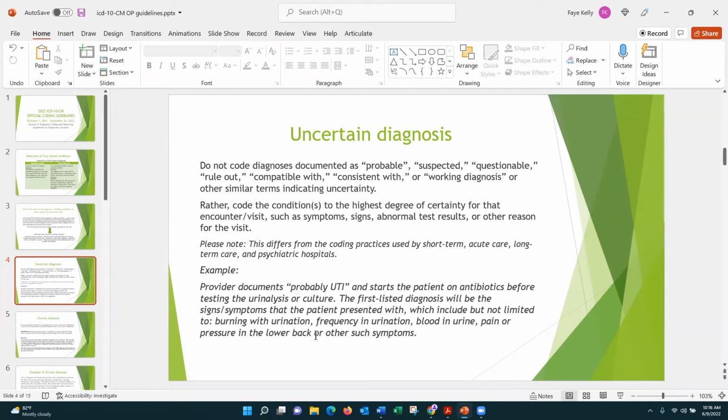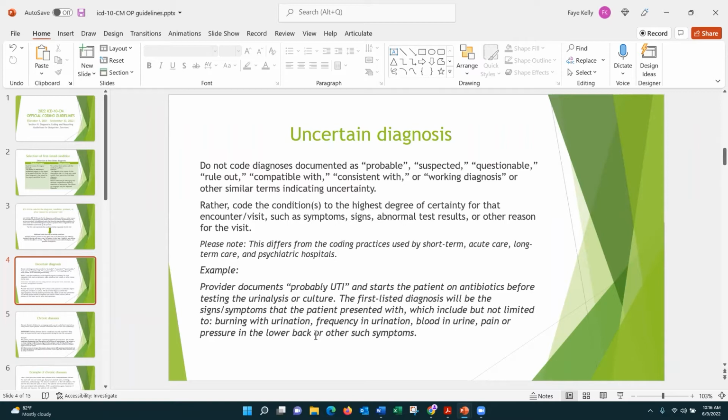In the guidelines, it tells us that this is different, and basically it's different for acute care if you were an inpatient coder. The example that I used here is the provider documents probably UTI. He starts the patient on antibiotics before testing the urinalysis or doing a culture. The first listed diagnosis will be the signs and symptoms that the patient presented with, which include but may not be limited to burning with urination, frequency in urination, blood in the urine, back pain.